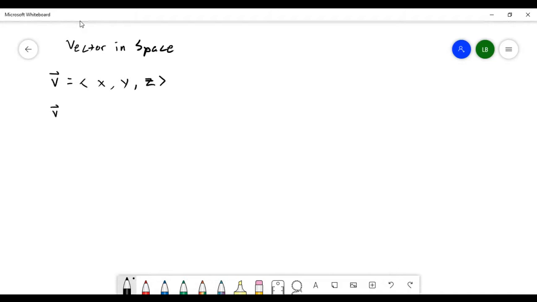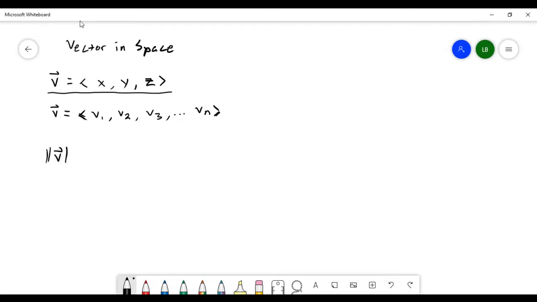In fact, it can even have an unlimited number of components. Like you could have a vector that has eight slots for numbers instead of just two or three. I believe in 2419 you'll mostly just see three or two, but it is helpful to know that you can have a lot more than just those three coordinates.